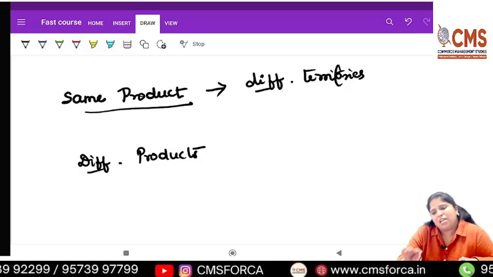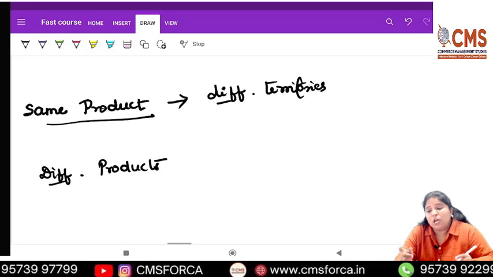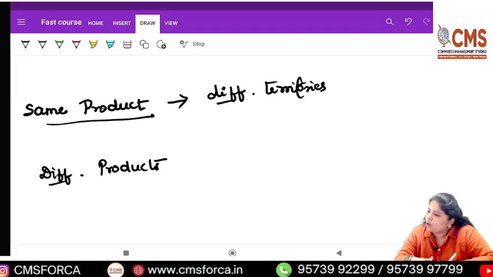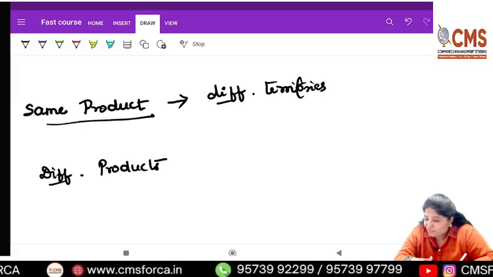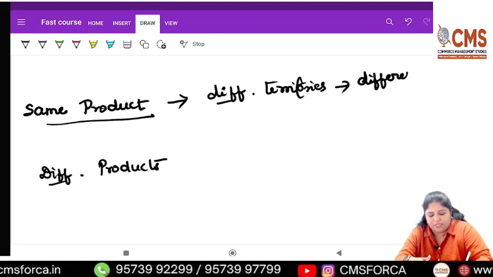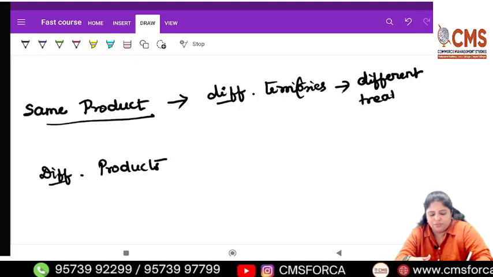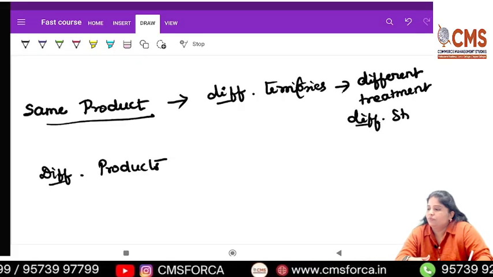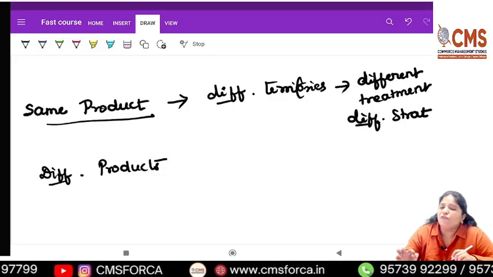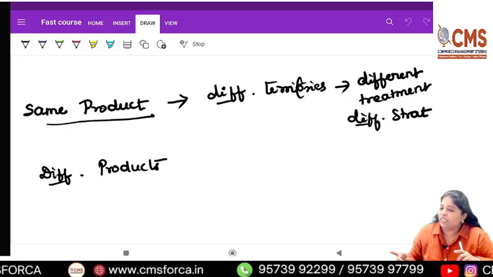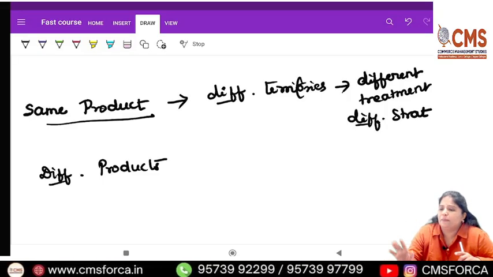But because we have gone for territorial grouping, though we are talking about the same product in different territories, it receives different treatment and different strategies. But speaking of the ideal scenario, same products, though they are in different territories, strategies should be the same.